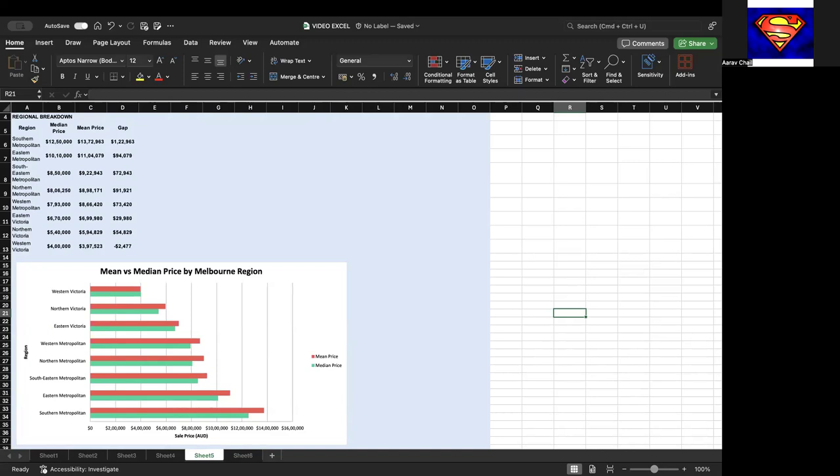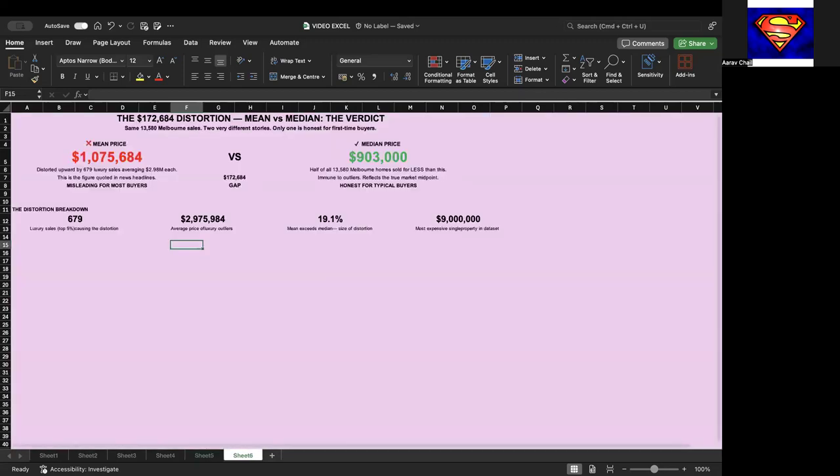When all results are combined, the full picture becomes clear. The mean price is $1,075,684. The median is $903,000. The difference is $172,684. This means the mean is approximately 19.1% higher than the median.